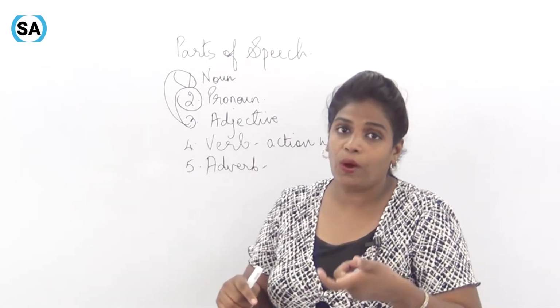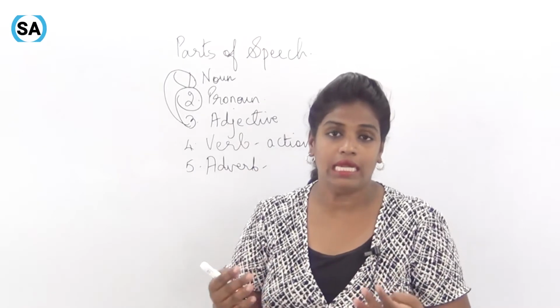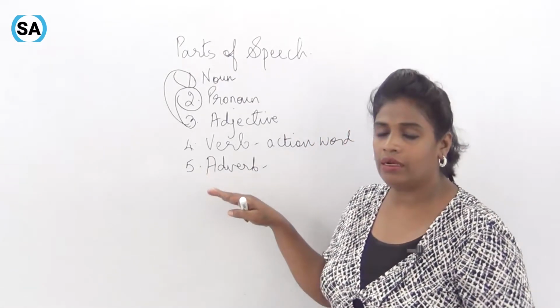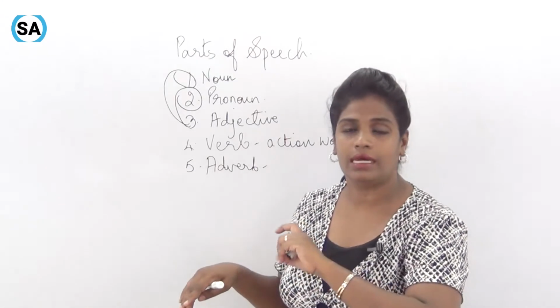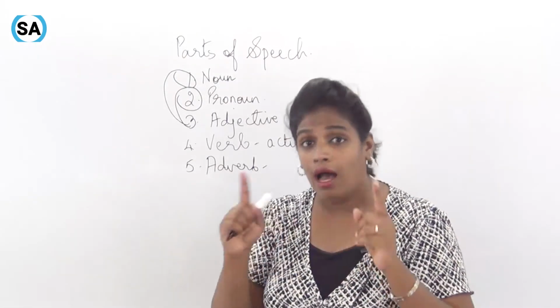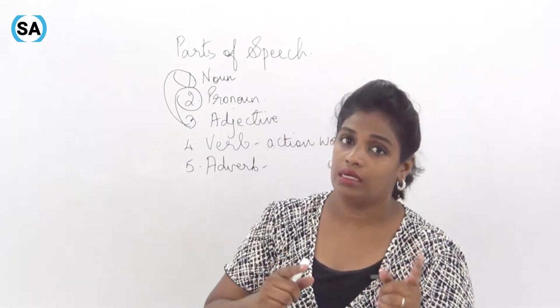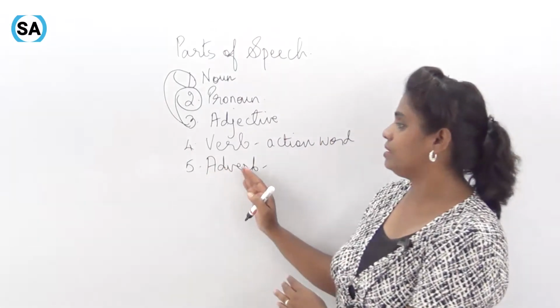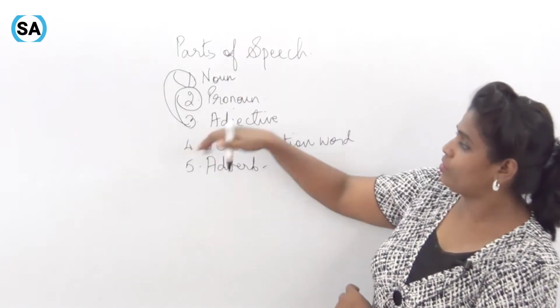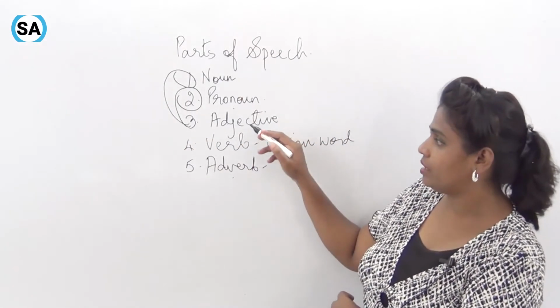It gives out the quality of how the action is done. So, adverb talks about the way the verb is done. The girl is singing. How is she singing? She is singing sweetly. She is singing melodiously. That describes verb.